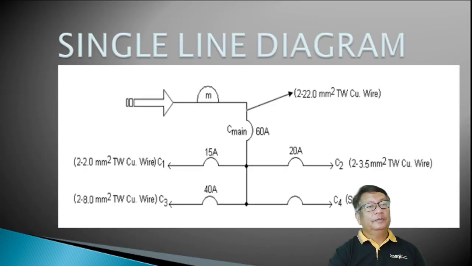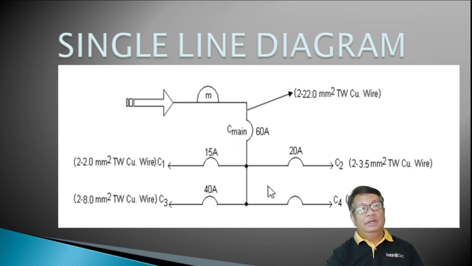Okay, so next you have to provide a single line diagram. For the single line diagram here, you have the service entrance. This is the symbol of the single phase service entrance. This is the symbol of your energy meter or the kilowatt hour meter. Then this is the main breaker. You have the branch circuit breakers here for C1, C2 at 20 ampere, and C3.